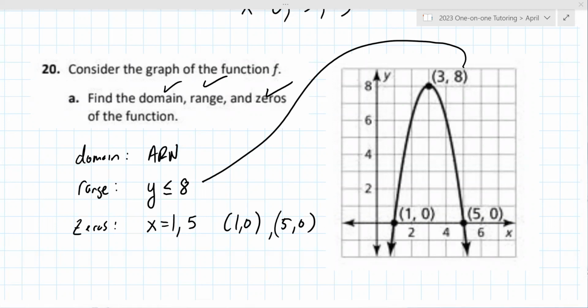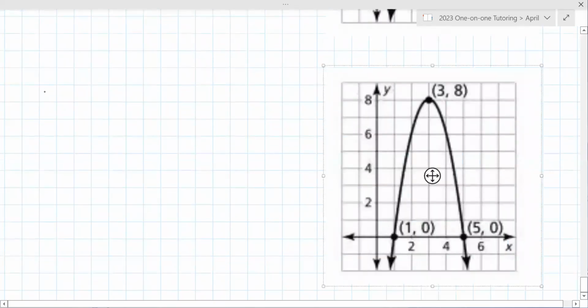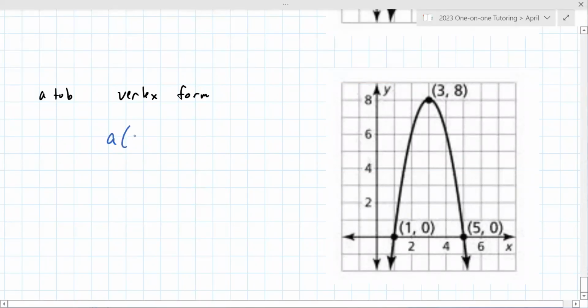Before we do part B, which is to write the function in standard form, what part B is really asking you to do is first write it in vertex form. Vertex form is a(x minus h) squared plus k.